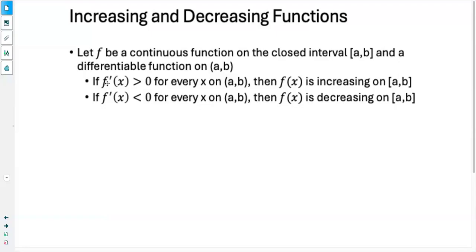Then if f prime of x is greater than 0 for every x on the interval, then our function is increasing on the interval a comma b. If it's less than 0 for every x on a comma b, then it is decreasing on the interval a comma b.